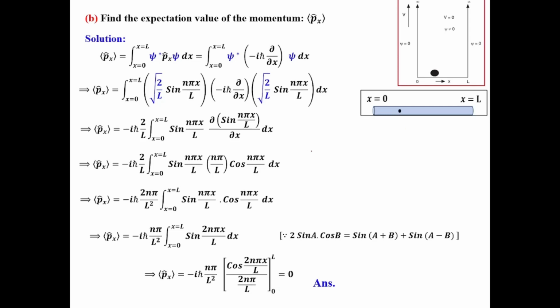What is the physical meaning of this 0 answer? We know momentum is a vector quantity, mv. This particle, confined in a one-dimensional potential box, only moves along the x-axis, forward and backward.